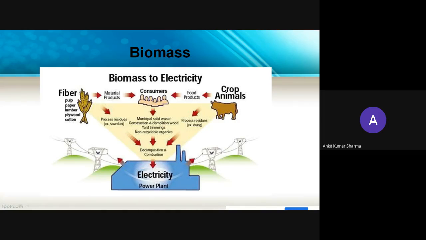Or you can say the cow dung is processed directly, used for decomposition and combustion to make electricity. So there is a direct channel and an indirect channel, and both channels can be used to generate electricity through biomass.